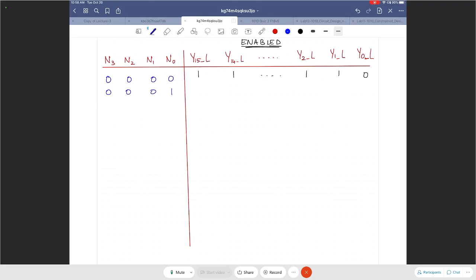Which output will be active? 0, 0, 0, 1. Which output is going to be active? All right, Y1. So I need to put a 0 there, and I need to put 1s everywhere else.